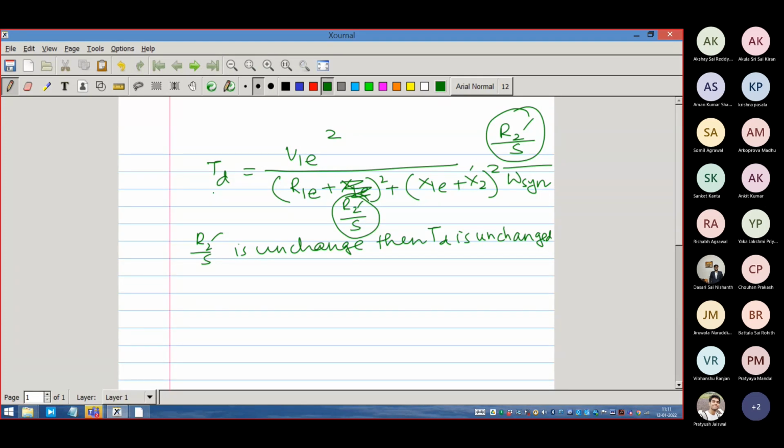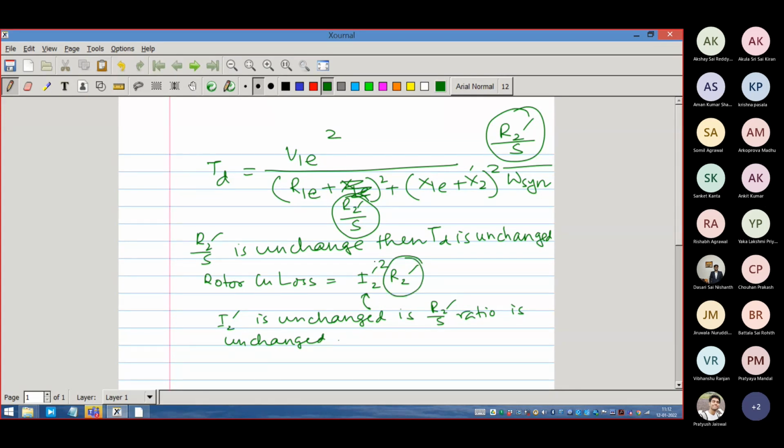Rotor copper loss is I2 dash square into R2 dash, and I2 dash is unchanged if the R2 dash by S ratio is unchanged. That is true. But rotor copper loss will change because there is an additional multiplication by R2 dash.